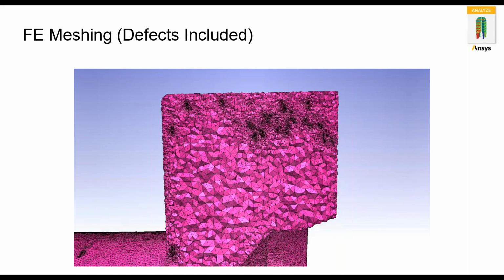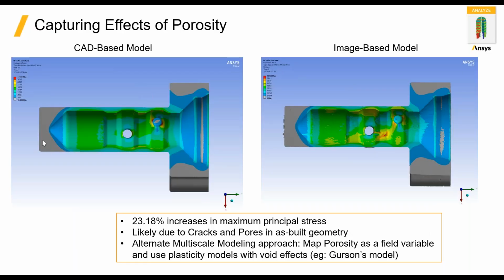You can see the cracks here as well, and as we scroll through the part, you can see the pores here. The main thing is making sure that when you're doing the segmentation, these pores are not filled in, because if they are important to the model, you want to make sure they are present. The software will then take care of it and refine the mesh around the pores so that they are incorporated in the model.